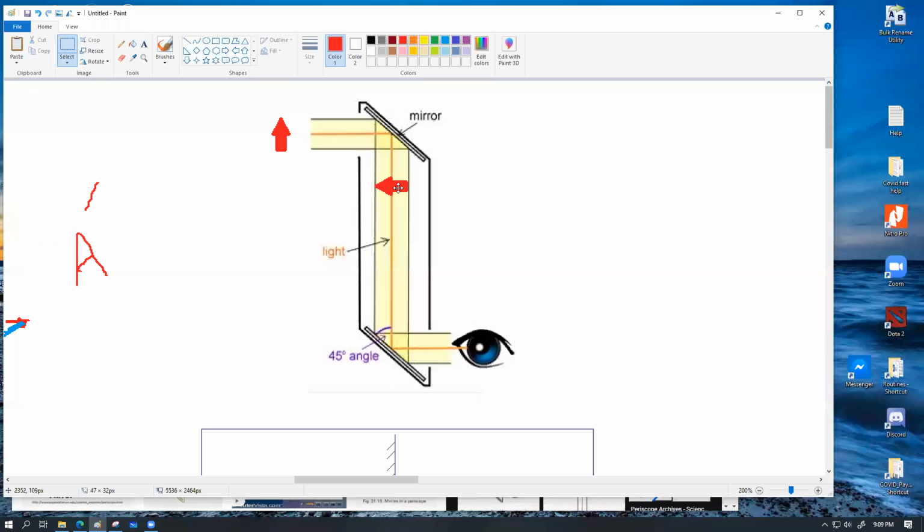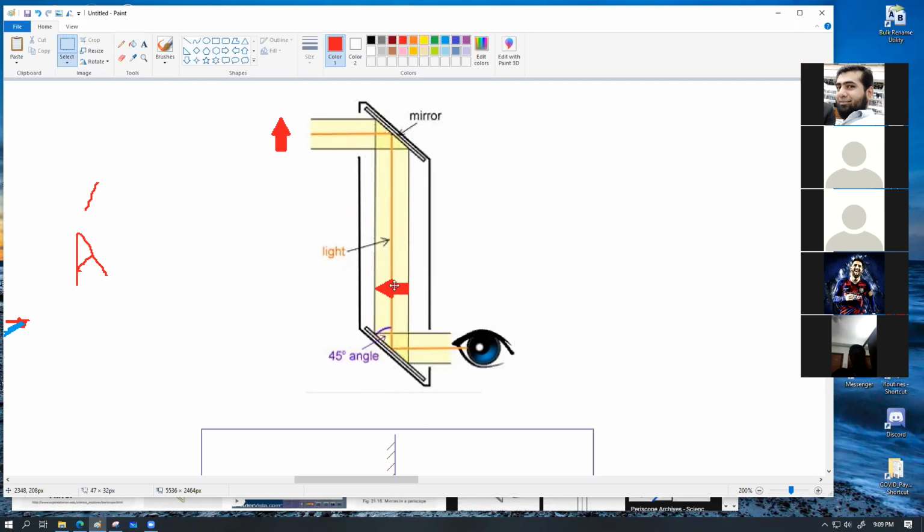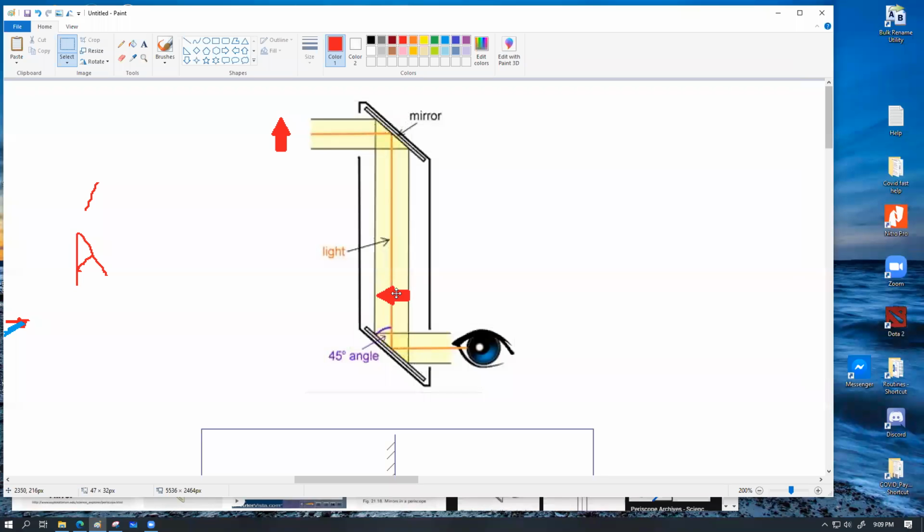Do you understand why? Because this light ray is reflected along this line, the mid-level light ray is reflected along this line, and the bottom is getting reflected along this line. This is how the light rays are falling, so this is how the object is gonna look after reflection from the top mirror. Then as it reflects back over here, once again, this is gonna appear in exactly the same shape.